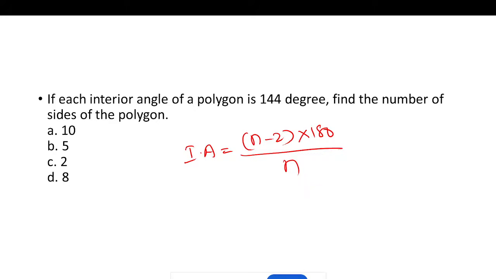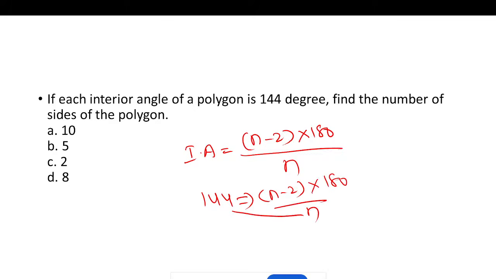What is the formula? Interior angle is equal to (n minus 2) into 180 by n, where n is the number of sides. The interior angle value given is 144. So 144 = (n minus 2) into 180 by n.